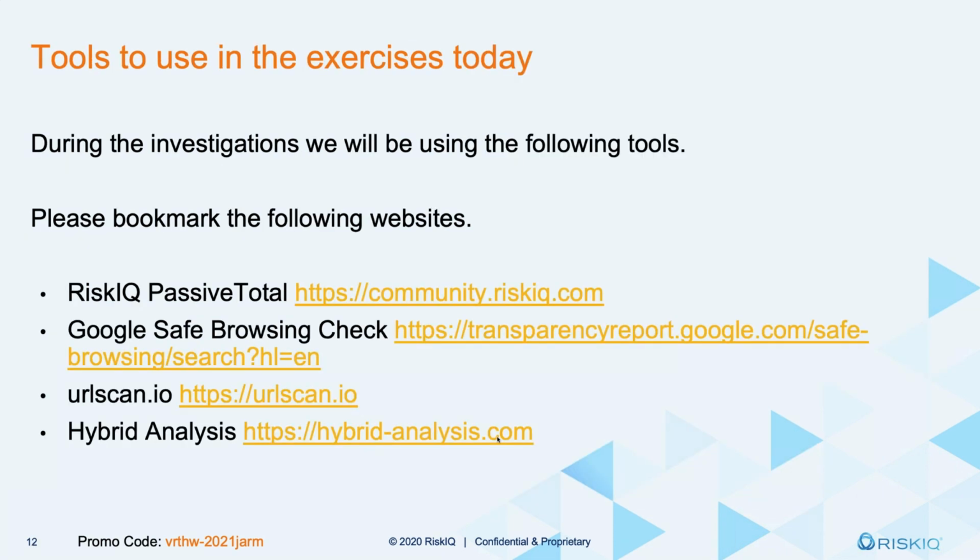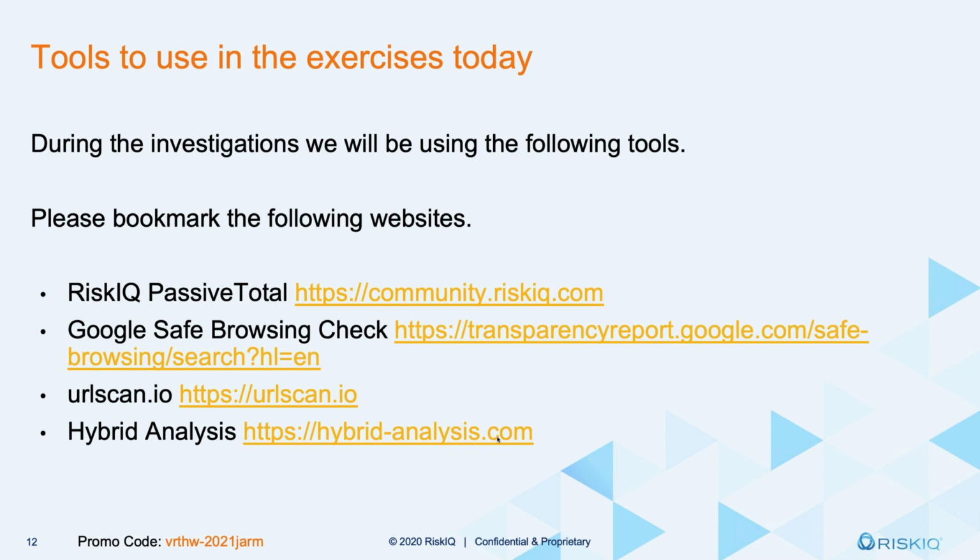So some of the tools that we're going to be using today in our investigations are RiskIQ PassiveTotal. We're also going to be using Google Safe Browsing Checker to see if a website is being blacklisted or not. We're going to look at URL Scan.io because sometimes we want to see an image of the domain, or look at something like what's contained inside of a script.